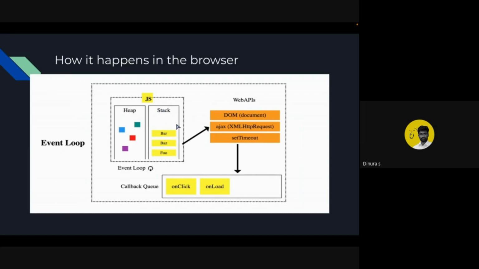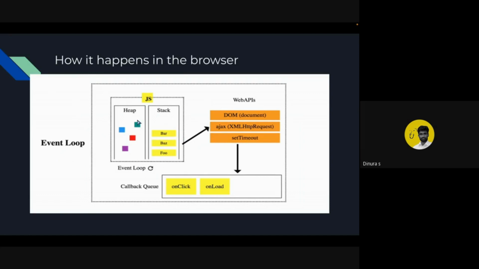Now this is all right. Just imagine only this part, this JS engine part, and don't think about the event loop and these web APIs. Let's think this baz is an API call.